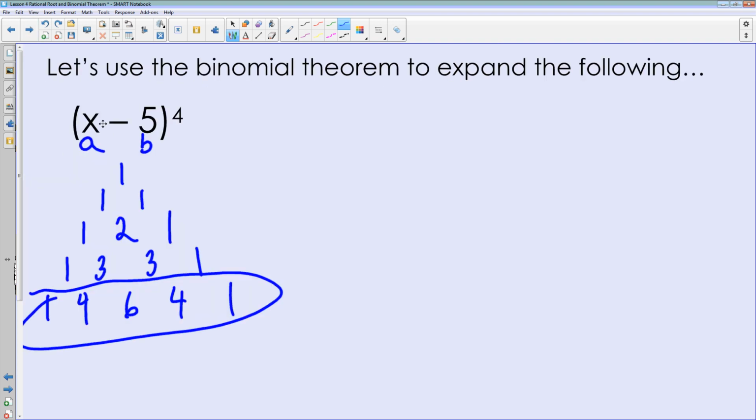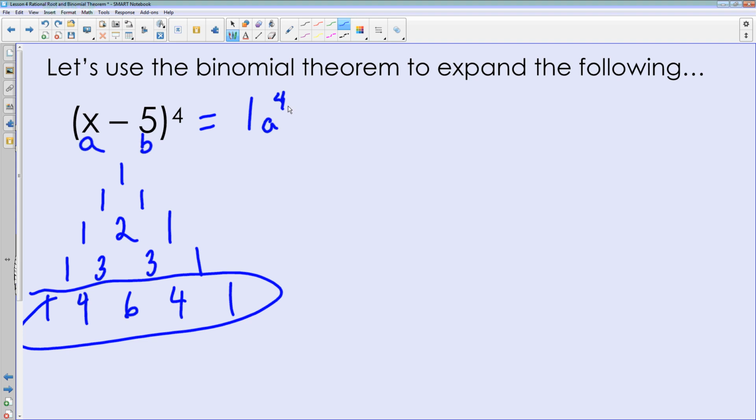So you could really think of it as x plus a negative 5. So we're going to think of b as negative 5. All right, so here we go. I know it's going to be 1a to the 4th. I'm just going to write it out in terms of a's and b's first, and then plug stuff in.